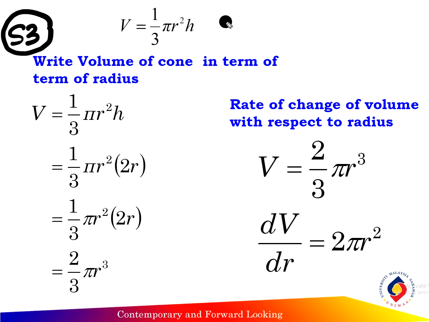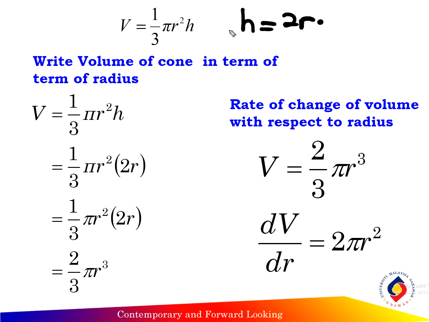Given the height of the cone h in terms of the radius, h equals 2 times radius, you substitute this value into the volume of the inverted cone. 1 over 3 pi r square times 2r, and the volume here equals 2 over 3 pi r cube. Yeah, this is the volume in terms of the radius.